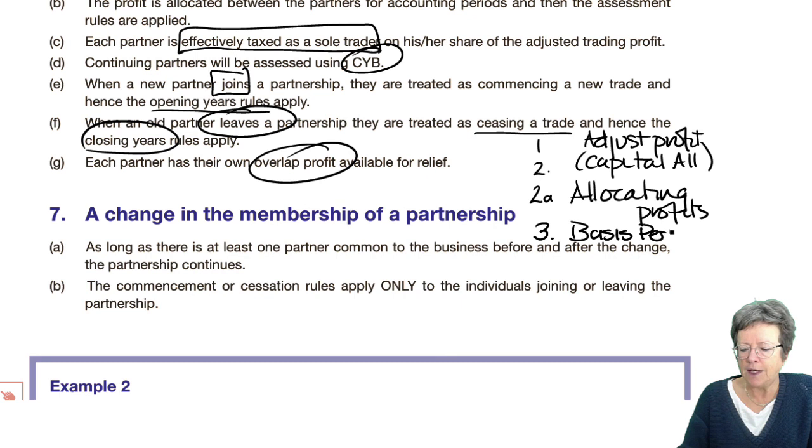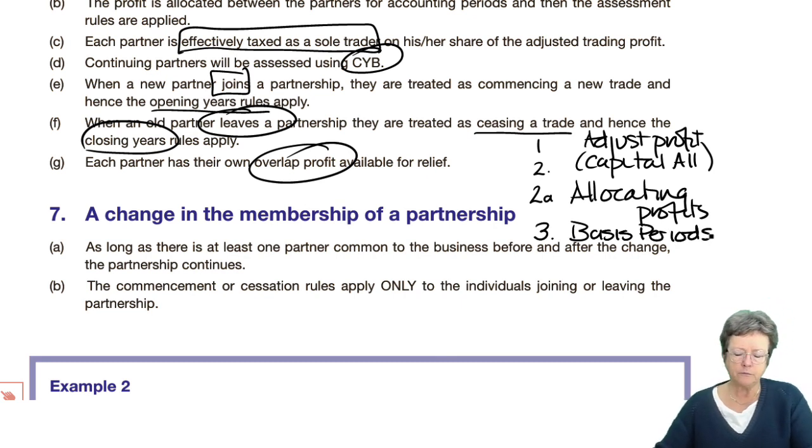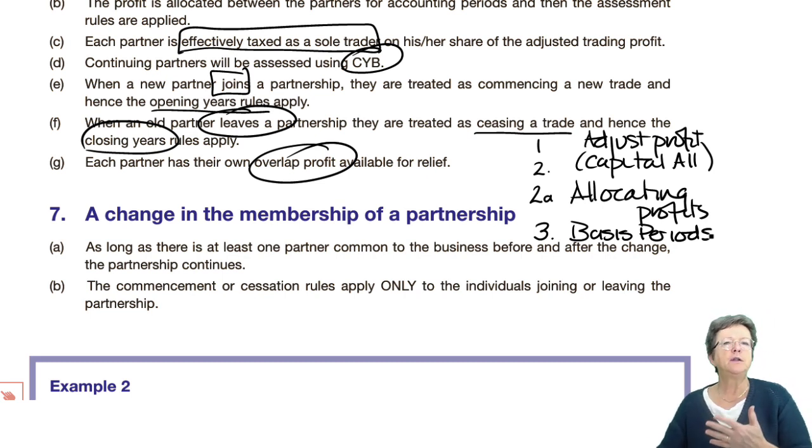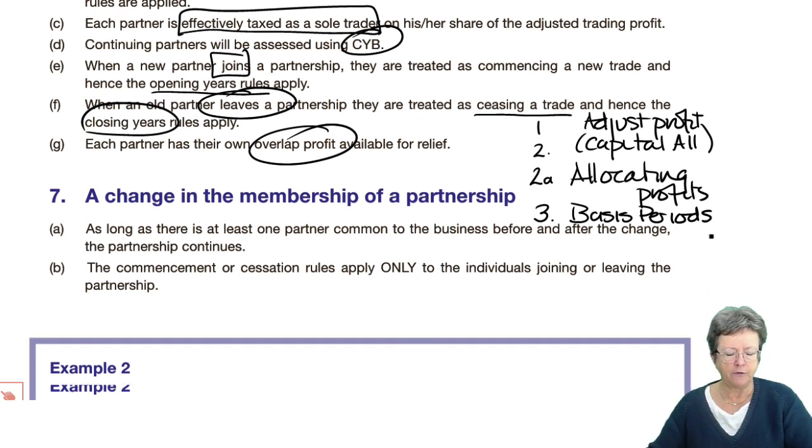So there's just that extra stage in the middle that needs to be dealt with, which is the allocating of the profits, which is, to be honest, maths. You've got 18,000, you've got some instructions, and you need to divide it between whoever's there for whatever time. It's maths, and you can all do maths. I know you can. I have confidence in your abilities.